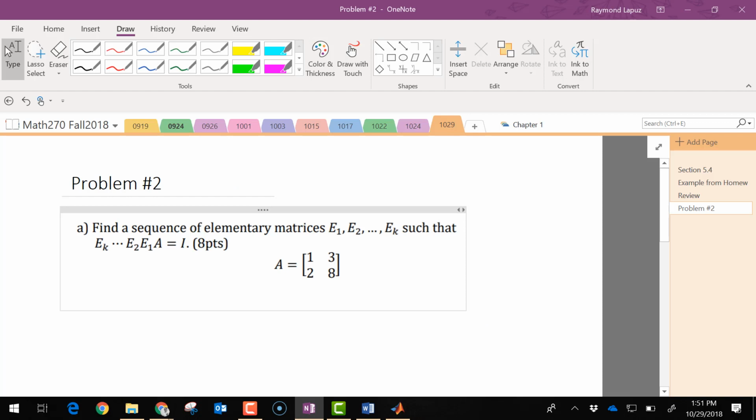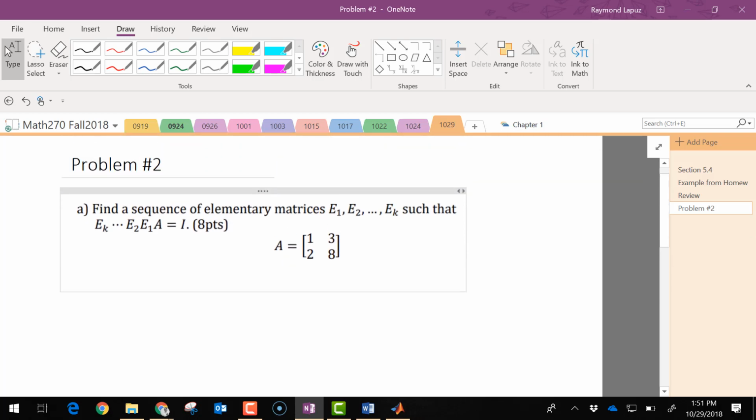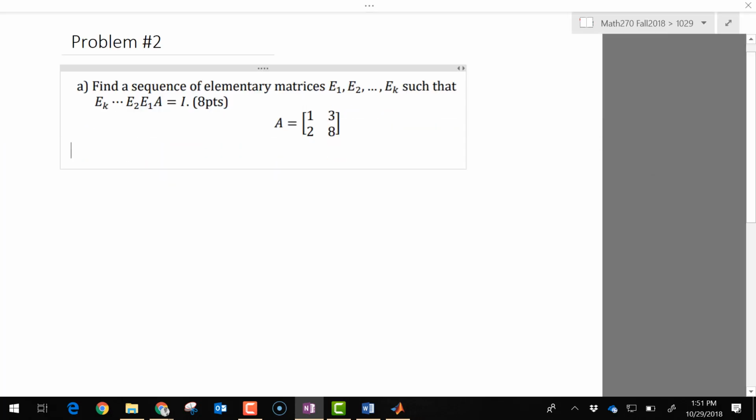So it says here to find a sequence of elementary matrices so that this is going to be equal to the identity. And so what we want to do is basically do the row reduction and then keep track of what row operations we take.